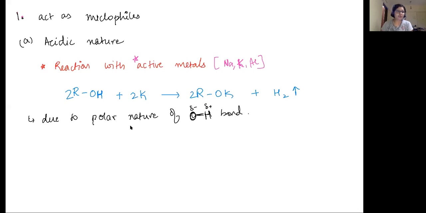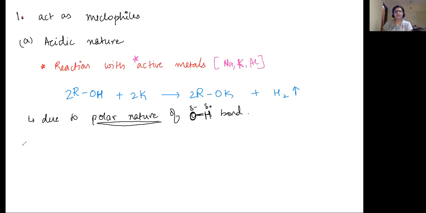An important point is that the acidic nature results from the polar nature of the OH bond. So this decides the strength of the acidic nature, whether a particular alcohol will act as a strong acid or a weak acid. Depending on the polar nature of this bond, it can be decided.